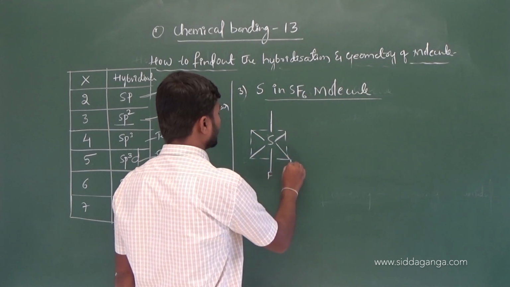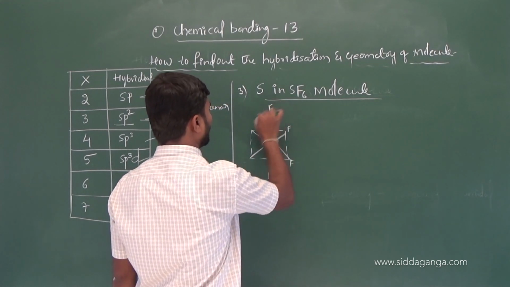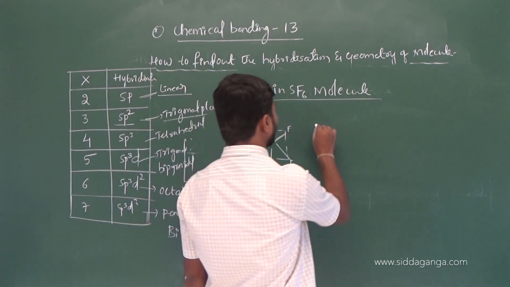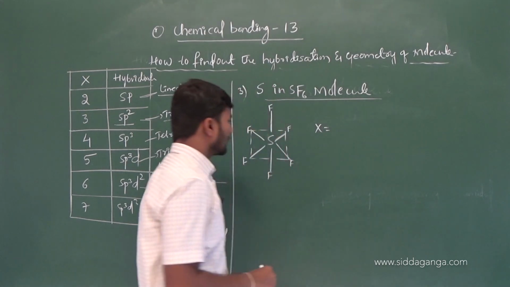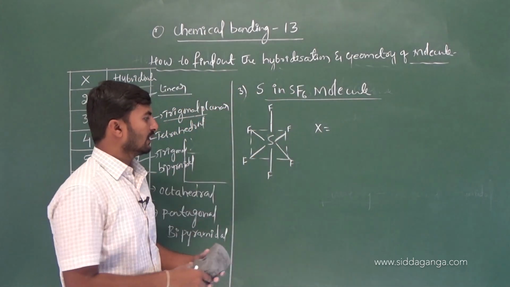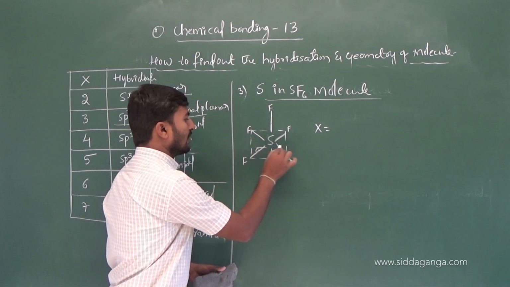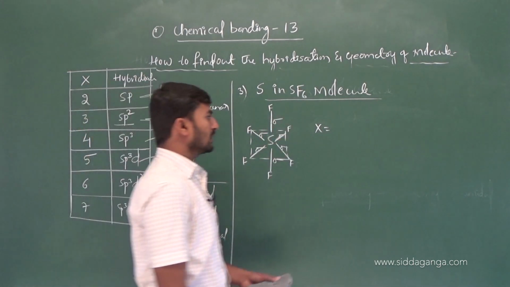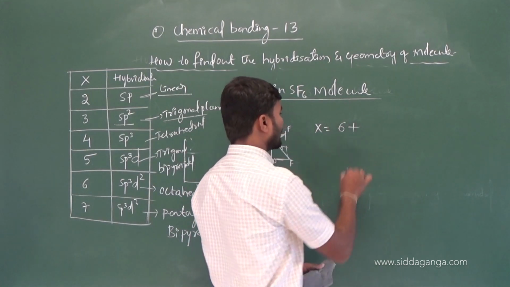To calculate the value of x, we need the total number of sigma bonds on the central atom. How many sigma bonds are there here? All are sigma bonds, all are single bonds. In total we have 6 sigma bonds.